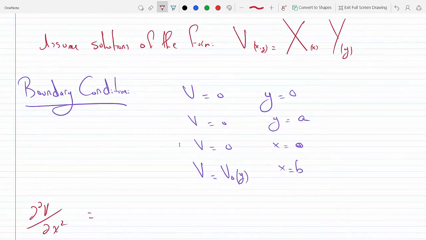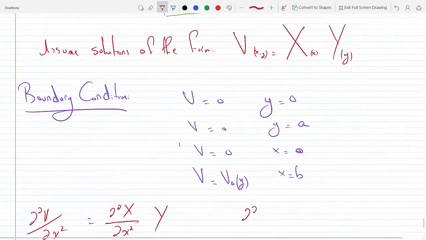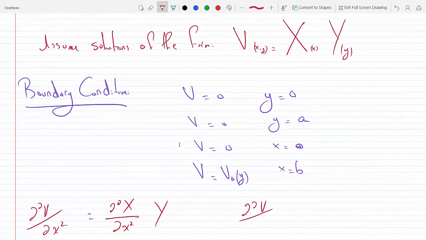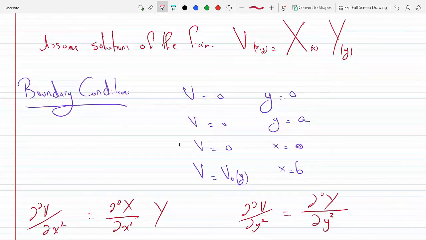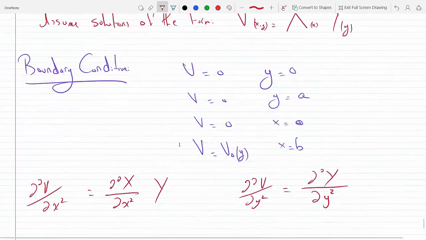Well, big Y is independent of big X, so this is d squared big X over dx squared times big Y, and d squared v over dy squared is just big X times d squared big Y over dy squared. And now you plug those back into Laplace.